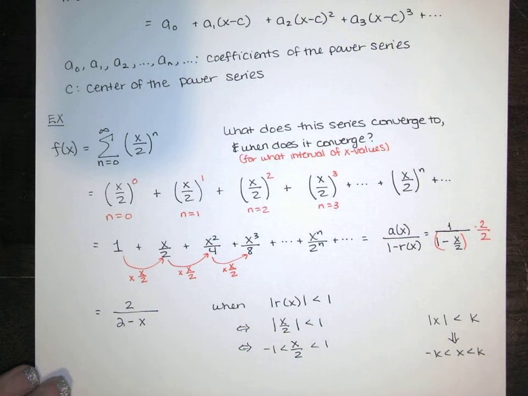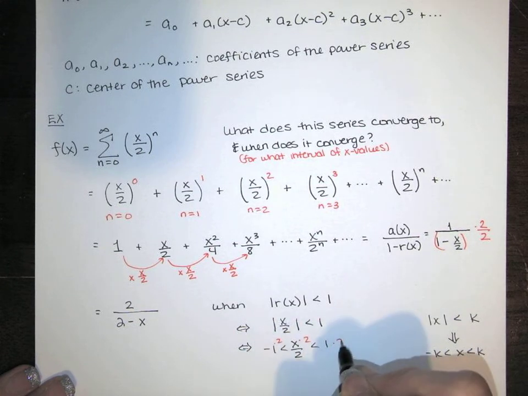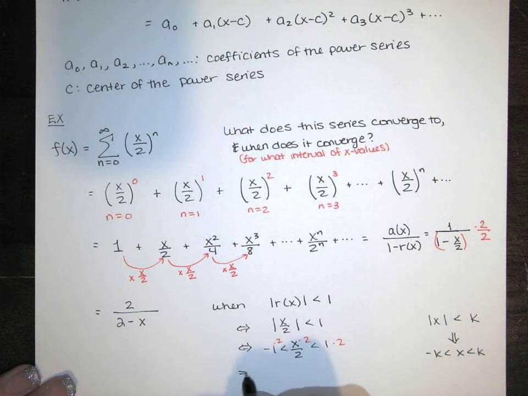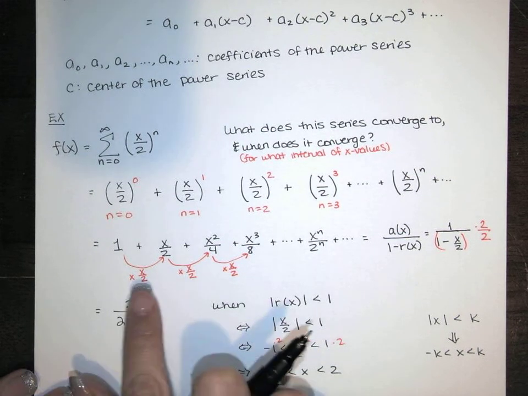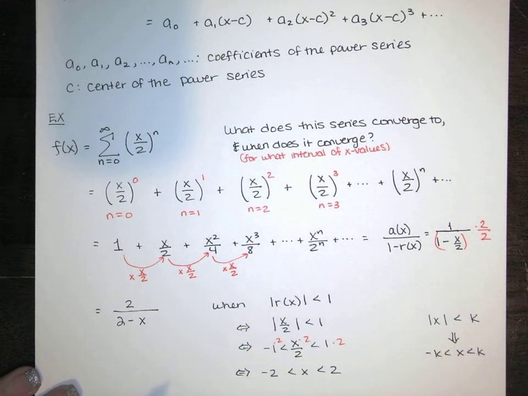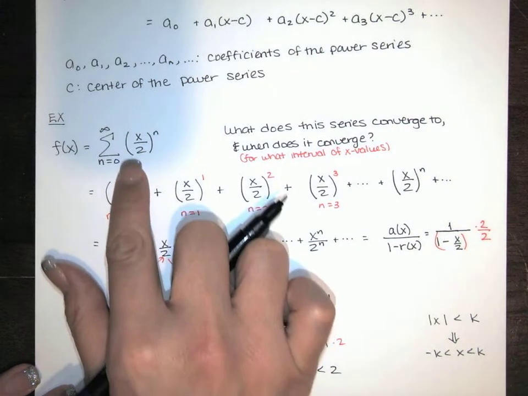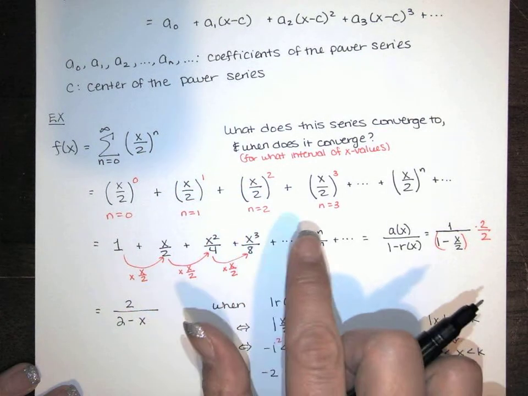And if I want to get x by itself in the middle, I just multiply all 3 parts by 2, and I get this. I get a negative 2 on this side, an x in the middle, and a 2 on the right. So this infinite series actually converges to a function. But only on this condition, only when x is between negative 2 and 2. If x is equal to 2, we've got 1 to the n. So that's just 1 plus 1 plus 1 plus 1 plus 1.